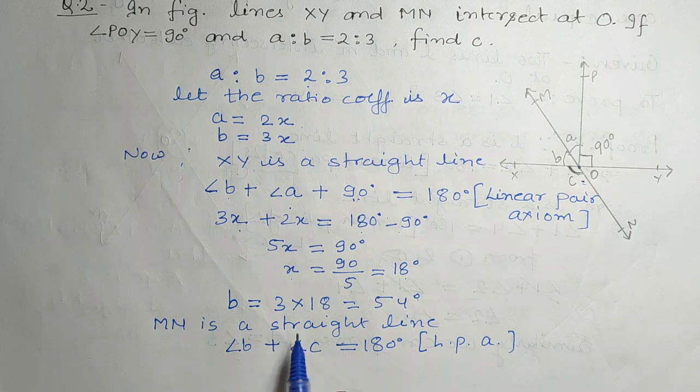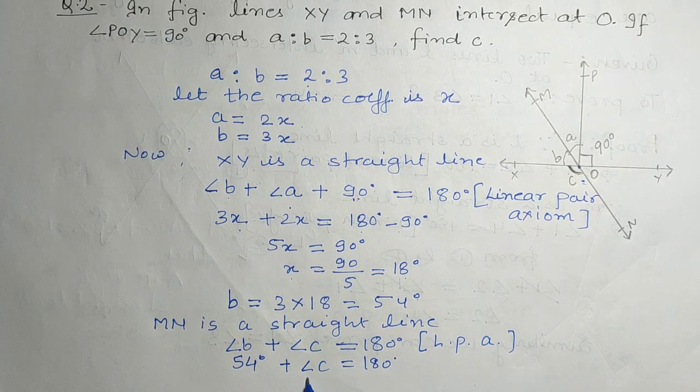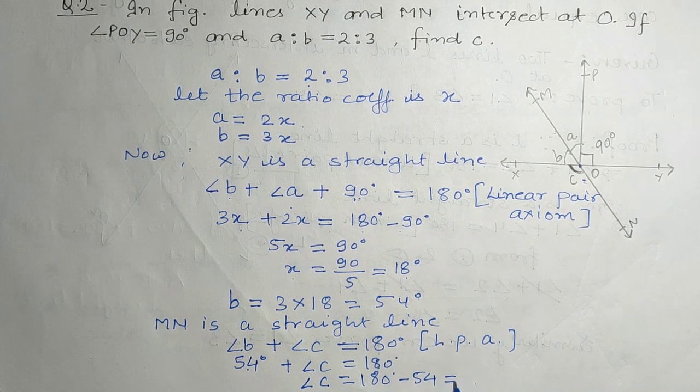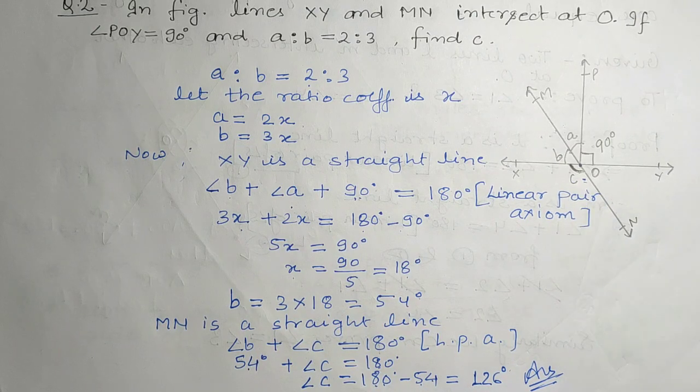So angle B is 54 degrees, and angle C will be 180 minus 54, which is 126 degrees. That is the answer, the value of angle C.